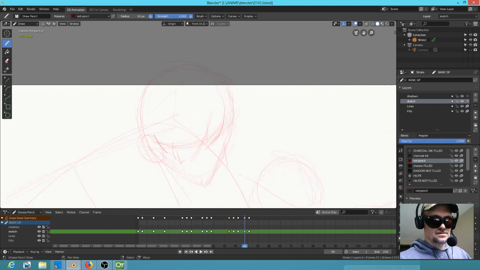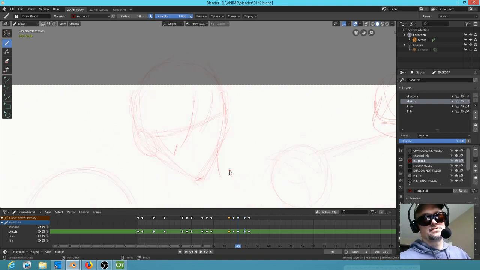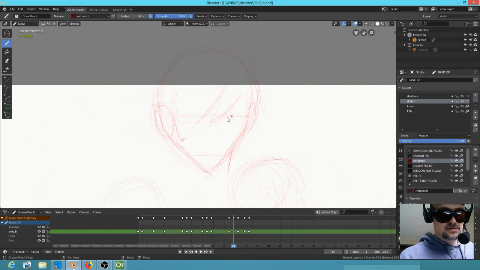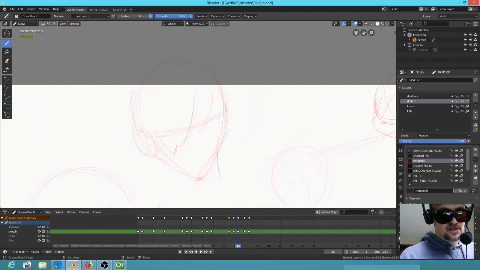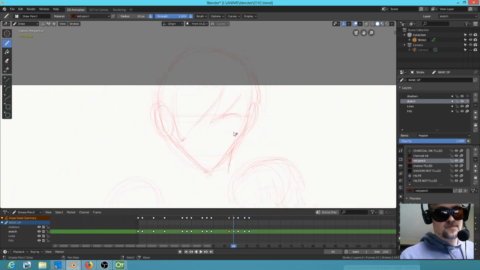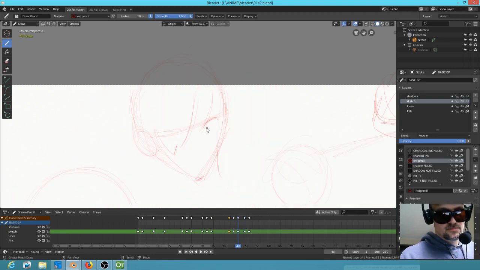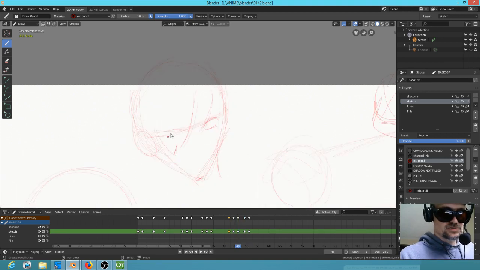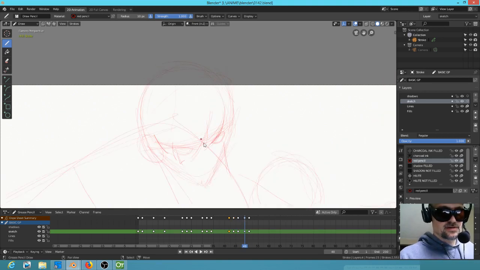Bull neck. Okay. Eye. Eye. So the other eye, we're drawing through the hair just to have a sense of continuity here.